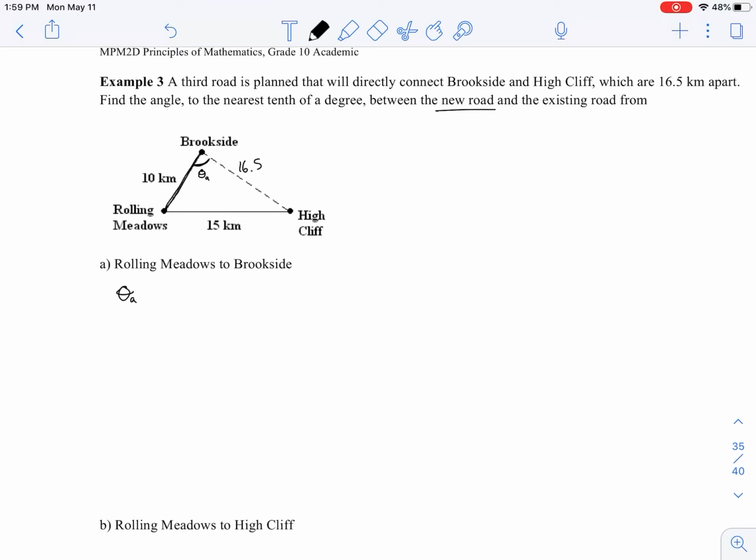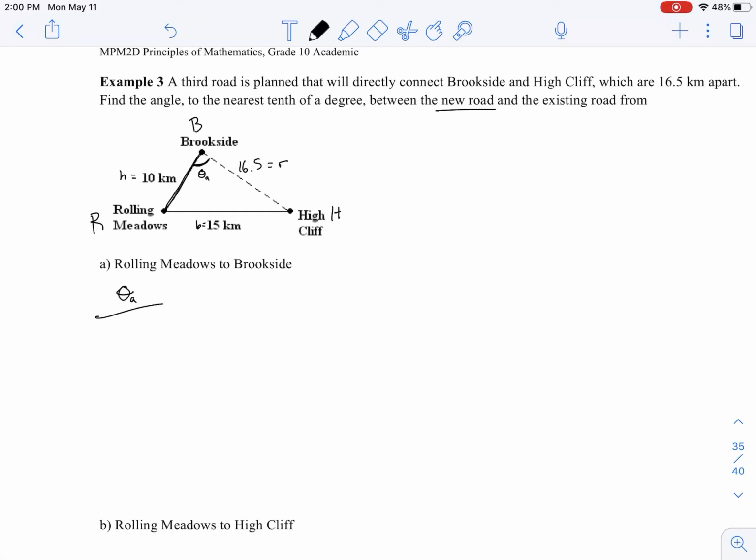Just to clarify, I'm going to use B for Brookside, I'm going to use H for Highcliffe, and I'm going to use R for Rolling Meadows. That might make this a little easier. So then this 15 will be lowercase b, lowercase h will be 10, and 16.5 will be lowercase r, just so you know what I'm talking about there.